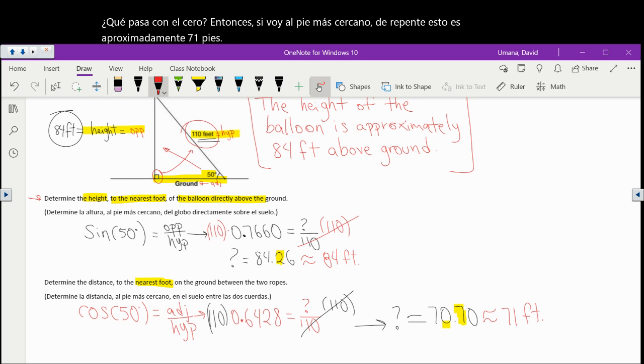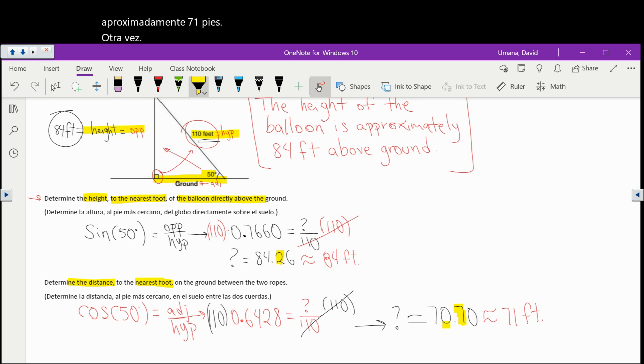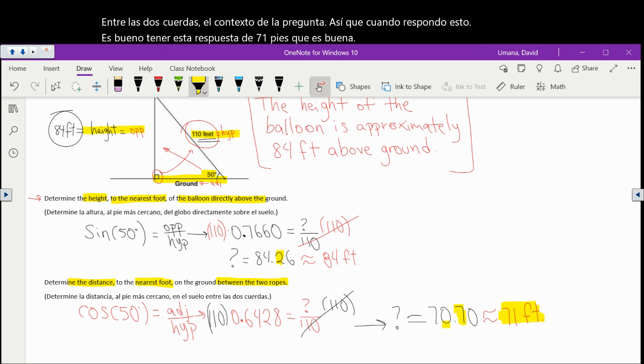Okay. Now again, I want the distance between the two ropes. That's the context of the question. So when I answer this, it's good to have this answer of 71 feet. That is good. But I have to create a sentence that's in the context of the original question.